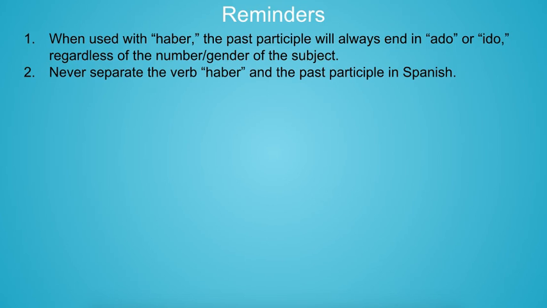Some words that you might be tempted to use to separate the two would be no, which you know means no, or don't or didn't, siempre, always, nunca, which means never, todavía, which can mean still or yet, ya, which means already, and then there's a few more that you might be tempted to do this with.